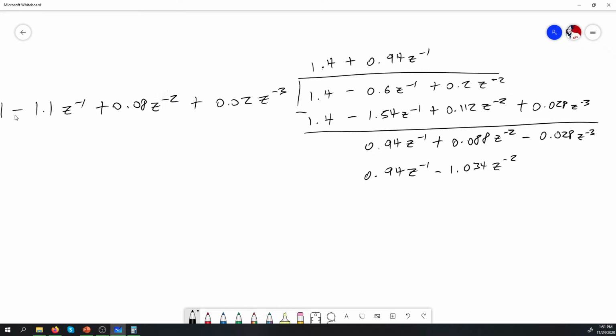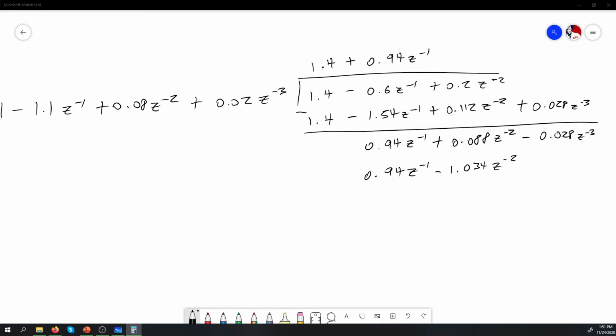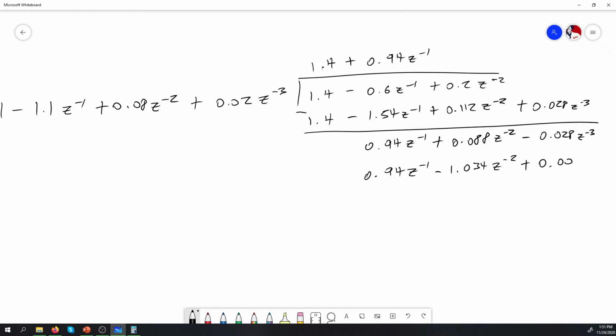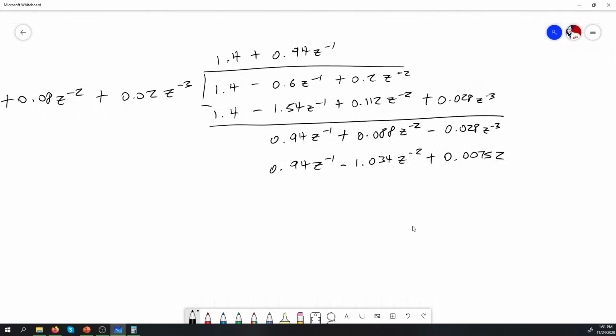And then we multiply each one of these factors here, so 0.94 by negative 1.1 gives us that result of minus 1.034 z to the negative 2. And similarly, 0.94 multiplied by 0.08 is going to give us 0.00752 z to the minus 3.